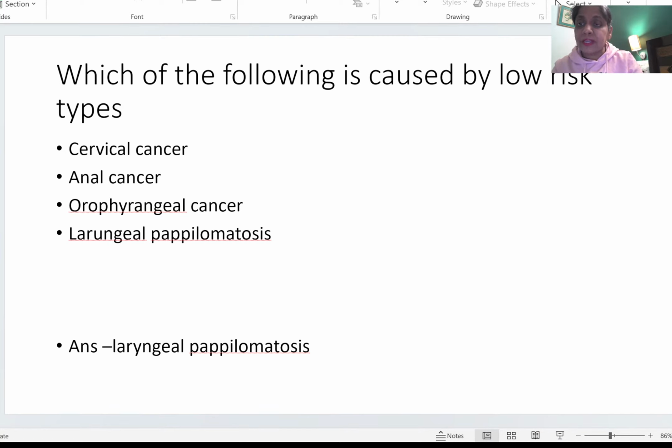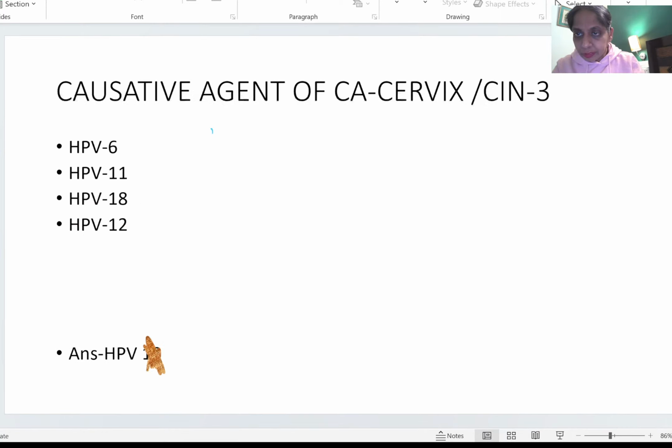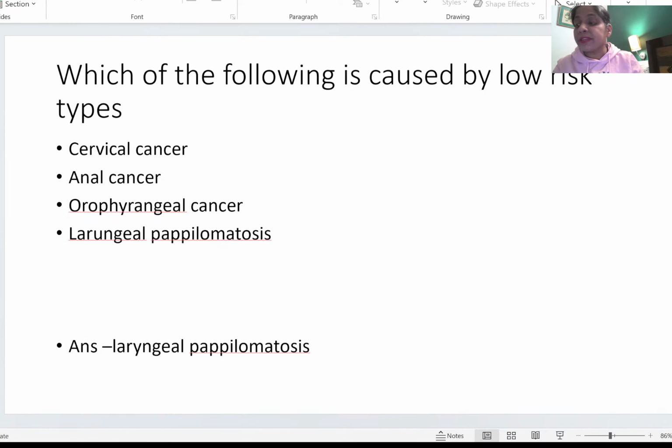HPV is of two types, high risk type and low risk type. The human papilloma virus which causes CA cervix is of two types. You have to tell which of the following is caused by low risk type. This is a NEET PG 22 question. Yes, Isra, you're right. Causative agent of CA cervix is HPV 18.